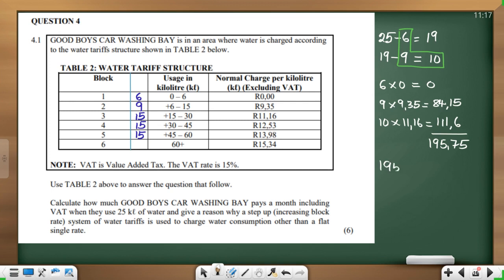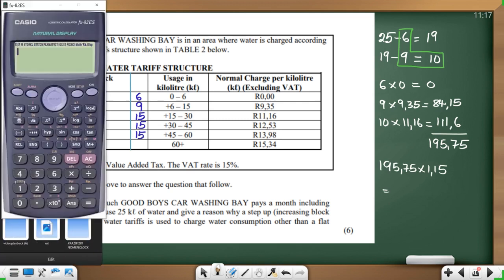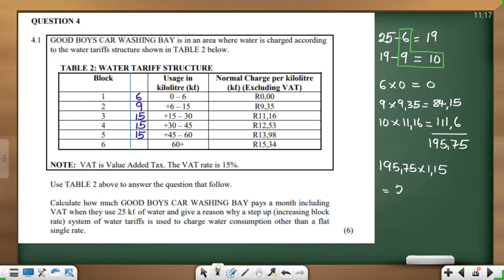So 195.75 times 1.15. What would our answer be? 225.1125. Again, let's round up.